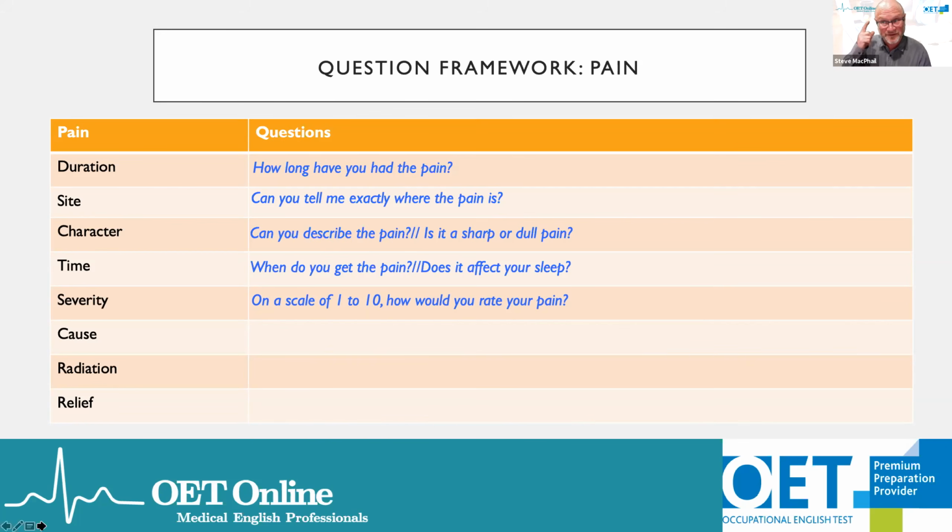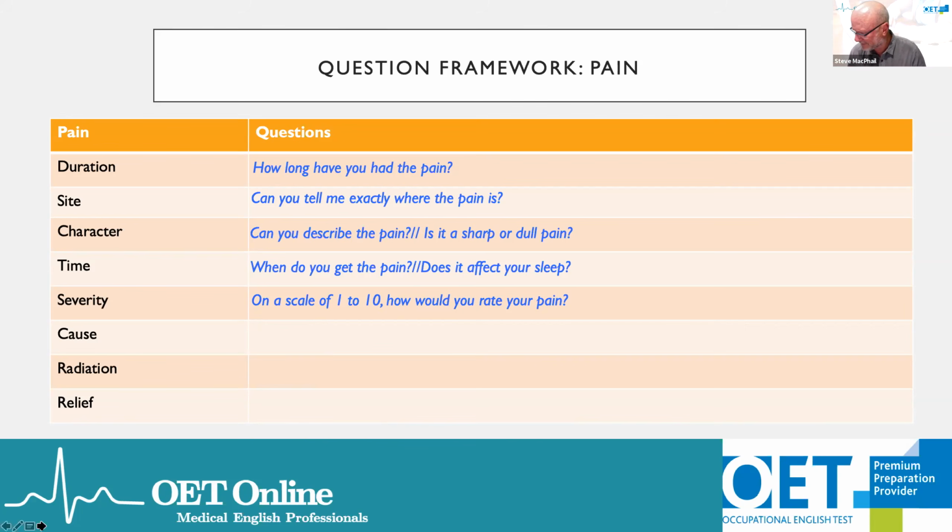So that's a good one to lock into your memory bank. Yes, rate, well done, Sharon. Could you rate your pain? Can you describe the intensity of the pain? It's very good. Saul's got a good one on a scale of 0 to 10. Not how will you, how would you, because it's a little bit, you know, subjunctive there, right? How would you rate the pain?